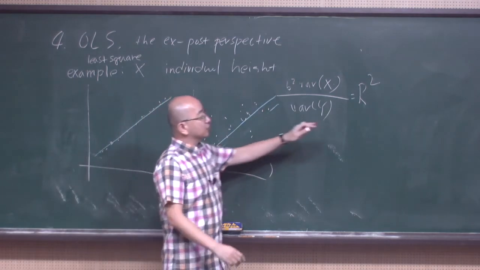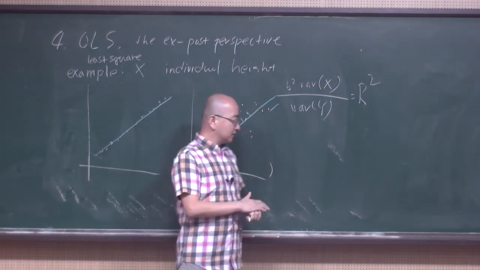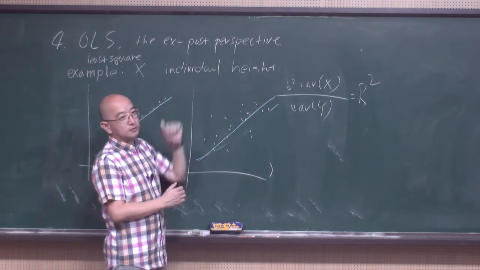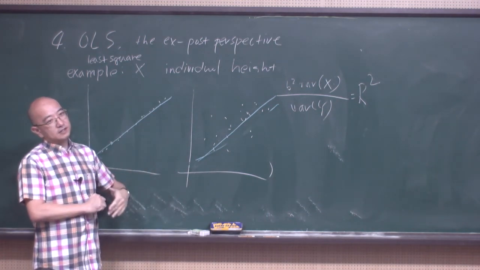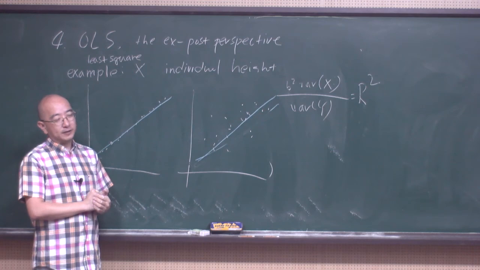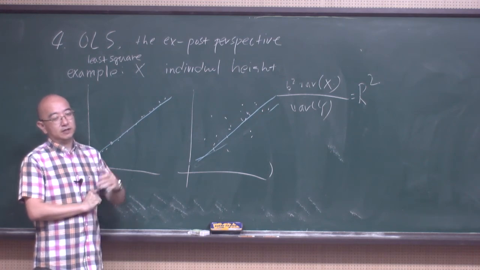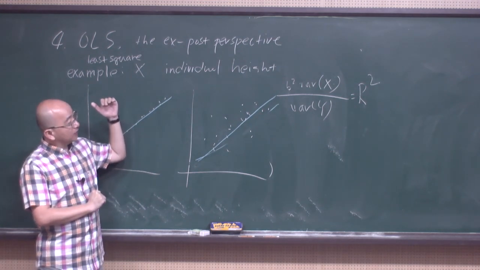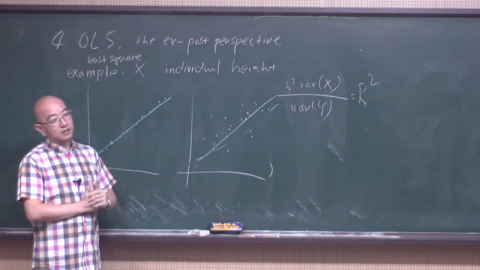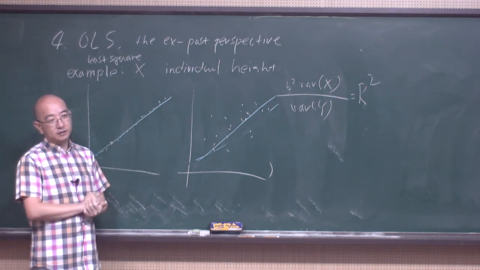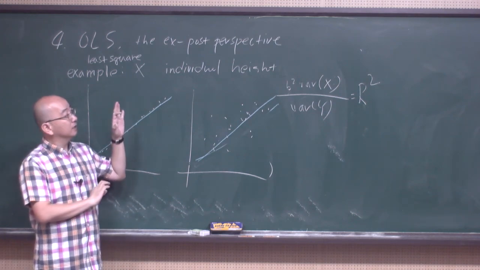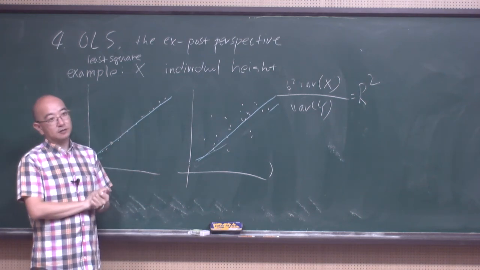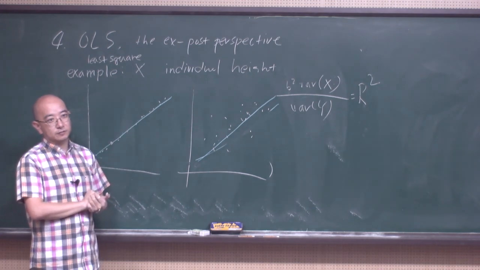So the R squared, okay, to emphasize this ex post perspective once again. R squared is a concept that is not related to the random part of the analysis. We can talk about R squared without talking about probability at all. So R squared has nothing to do with the probabilistic interpretation of ordinary least square.